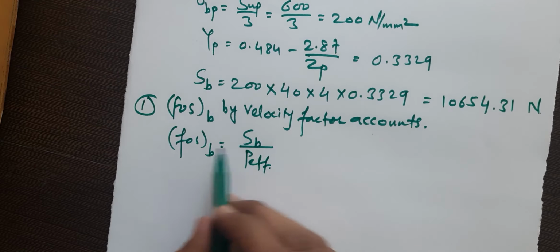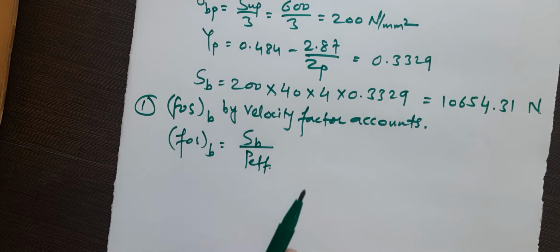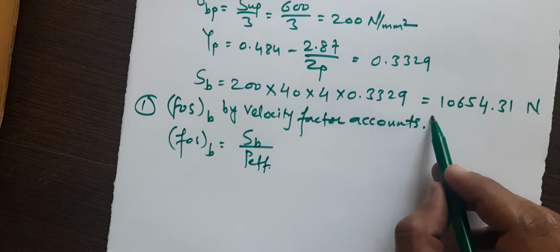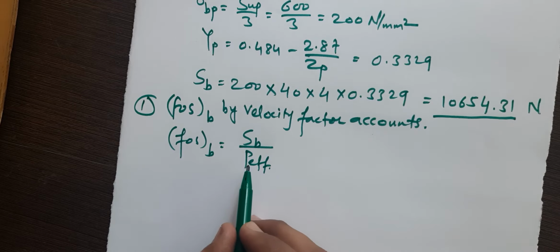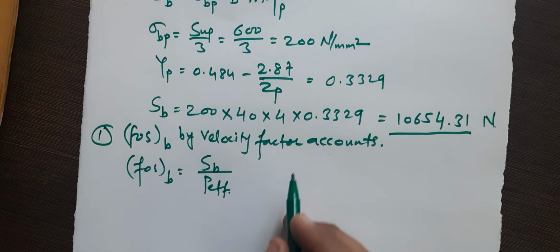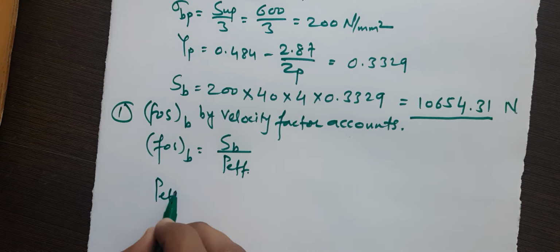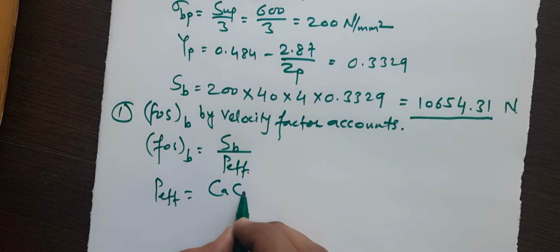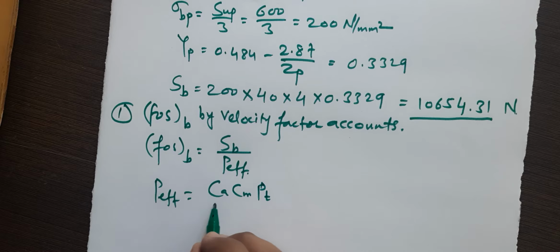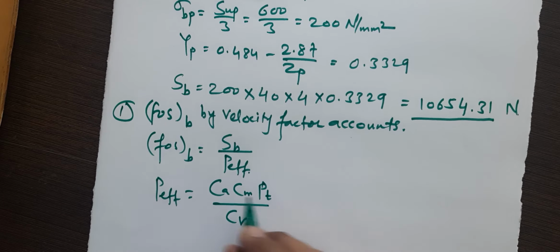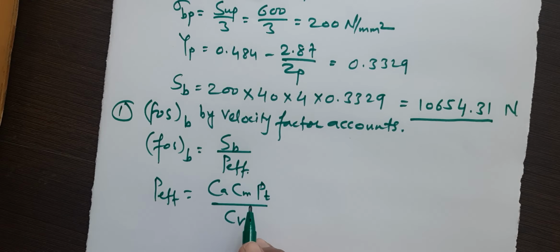Now for factor of safety we need SB and P effective. SB we have calculated here. Then we need to calculate P effective, by velocity factor accounts. So P effective is equal to CA CM PT divided by CV. This is the formula for P effective.